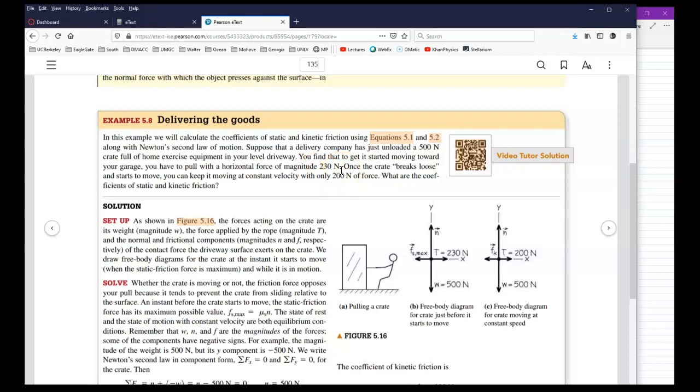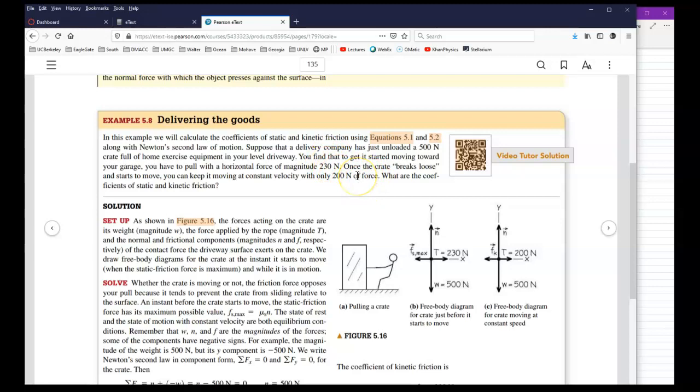But once it gets moving, you don't require as much force. So once the crate breaks loose and starts to move, you can keep it moving at a constant velocity. What does that mean? I'll come back to it. With only 200 Newton force. See that? Why don't you need the 230 anymore?